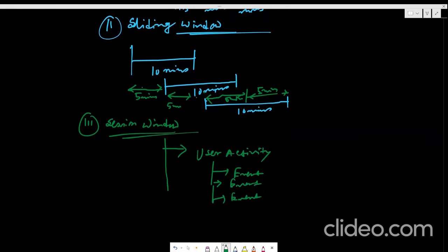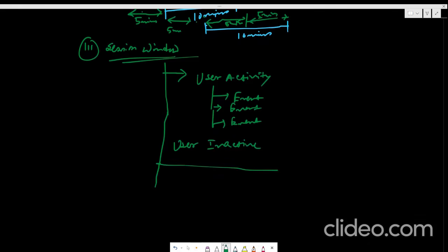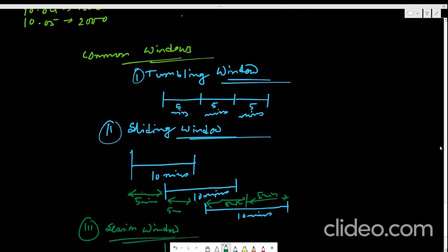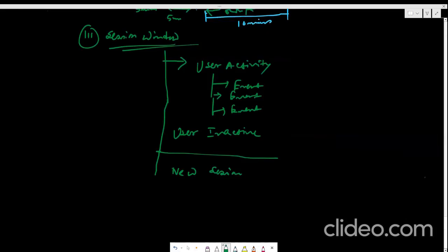After that, if we continue the flow, suppose the user becomes inactive. If the user is inactive, there will be nothing, so that session will end. After that, if the user comes again, a new session will be created. So it's totally a session-based window. Okay, so we got to know 3 types of windows, right? Step 6 we have covered.